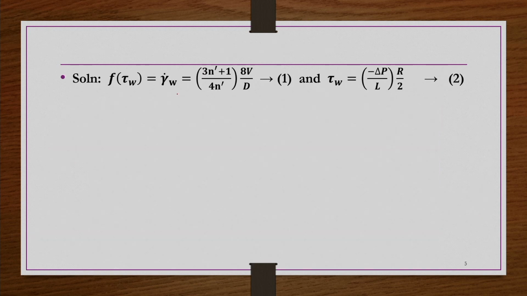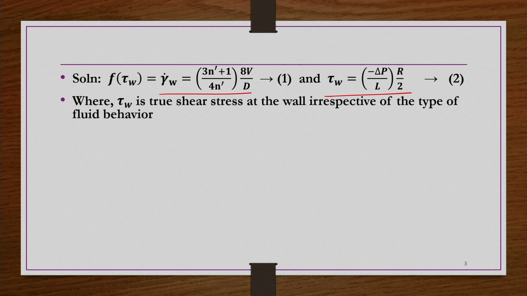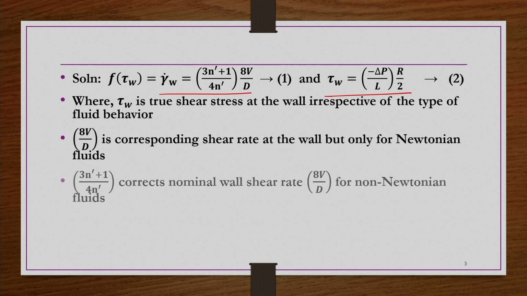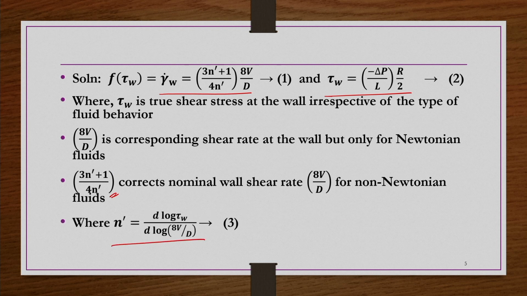So, tau W is this one, the true shear stress for GNF, and the true shear rate for GNF is this one, which we have already seen. This correction, (3n prime plus 1) by 4n prime, we need to make in order to get the true shear rate, that is, to correct the nominal shear rate, and n prime is nothing but this one.